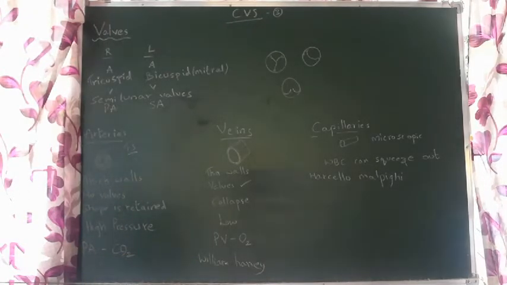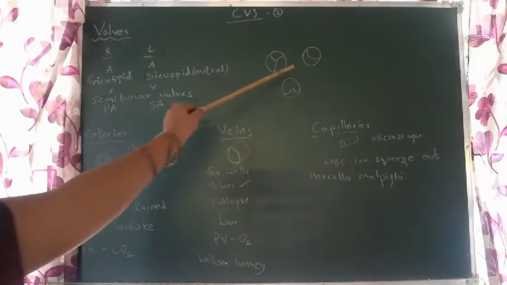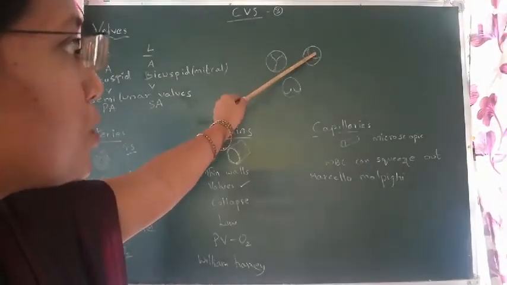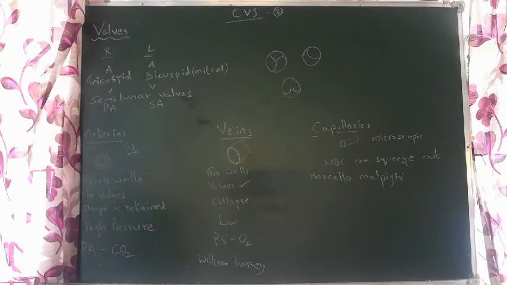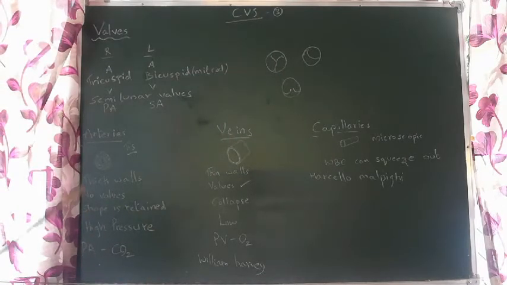So, what is bicuspid now here? See how many cusps? 1 and 2. Bi means 2. So, 2 cusps are present. These 2 cusps if they come close together, the opening, okay, it gets closed. If they move back, again the blood can easily flow from atria to ventricles.